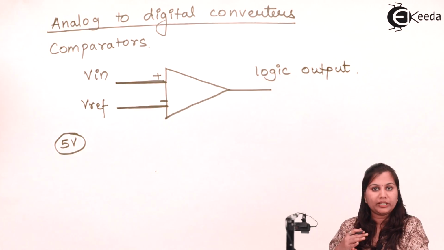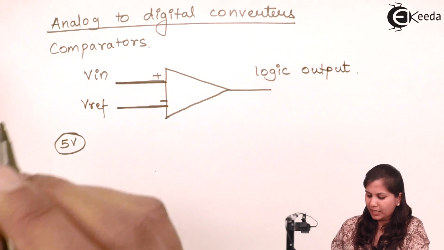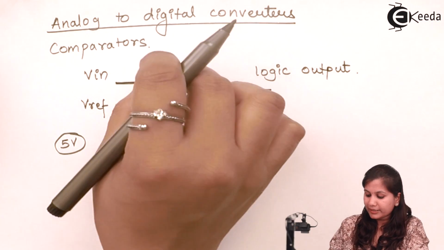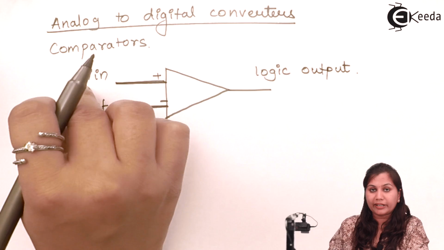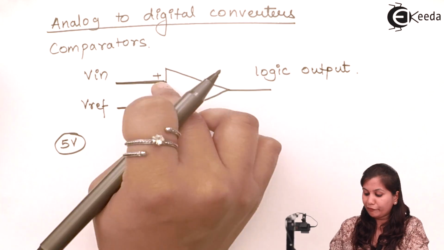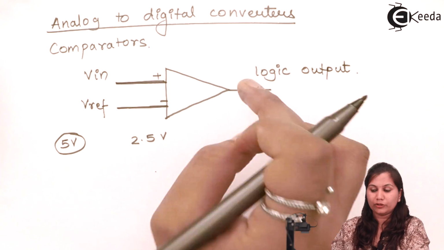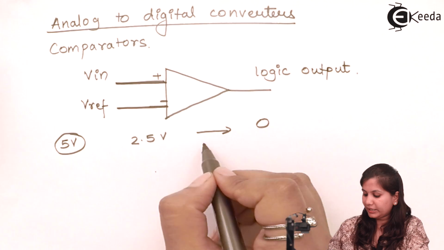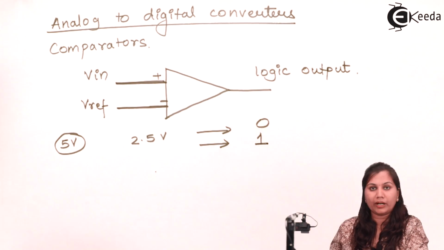Now our input voltage is continuously changing. Suppose its value is 2.5 volts. The comparator compares whether the input is equal to the reference. If it is not equal, it gives the output as 0. If it is equal, it gives the output as 1.